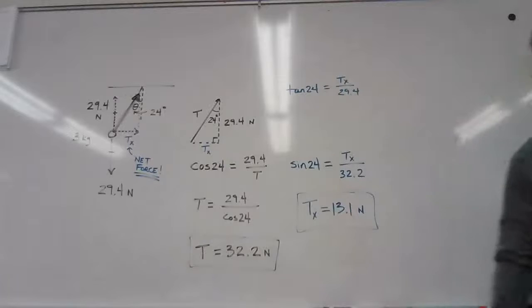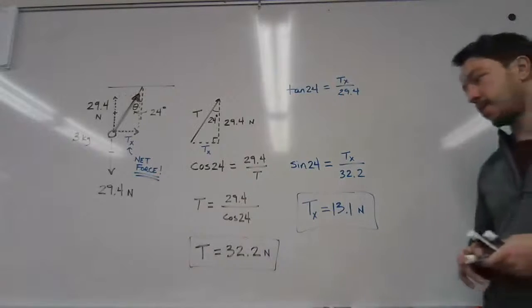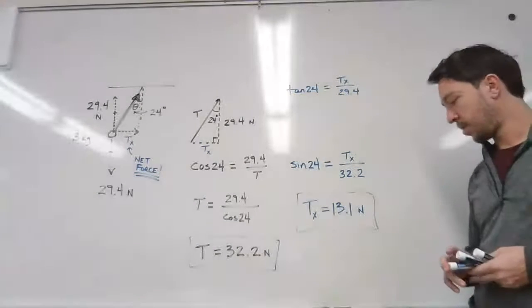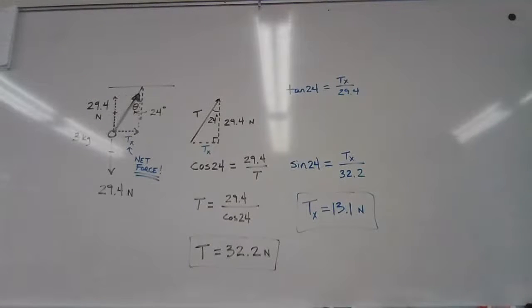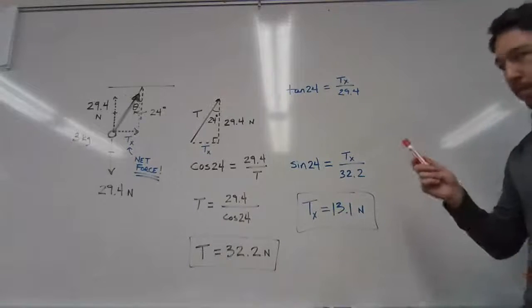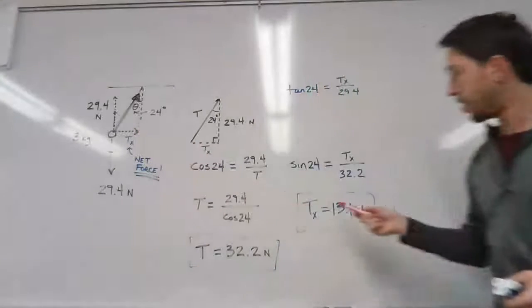How close are we to being finished with this question? Extremely close, because the last thing the question is asking us to do is to find the acceleration. Well, like we said before, this vector here is the net force.